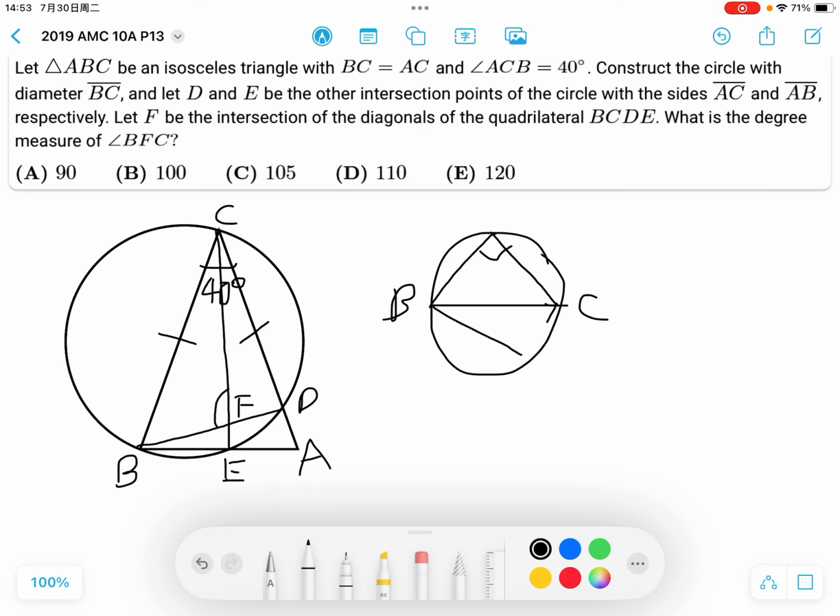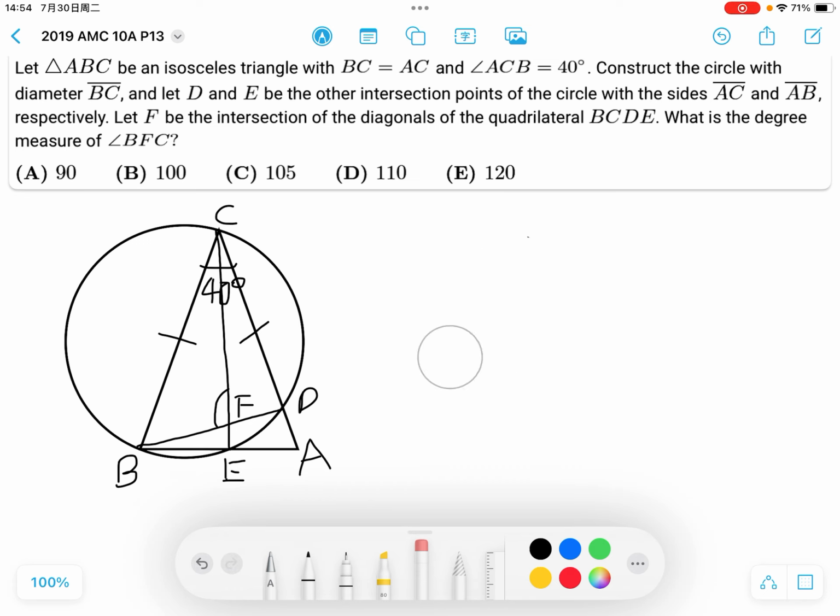So even any angle like that, that's also 90 degrees. And also any other angles, like this one is also 90.